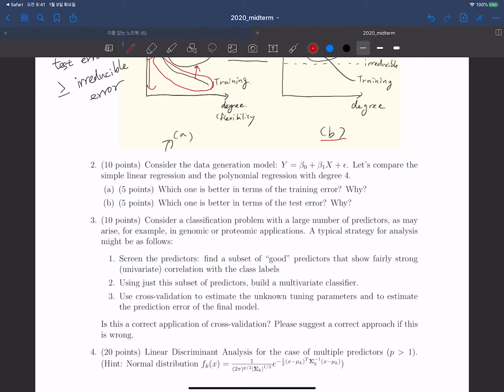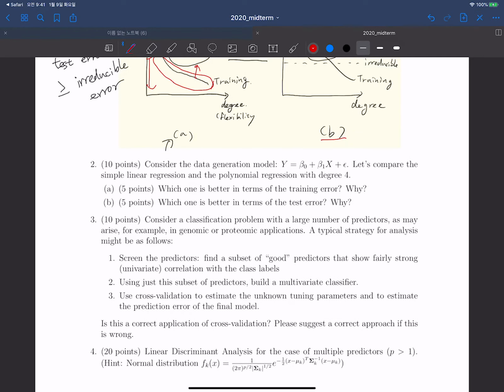The second question is about linear regression versus polynomial regression. So here, when you use linear regression, the number of parameters is just 2.